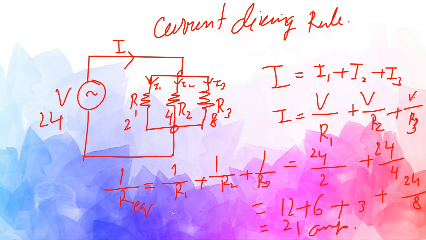The total current will be V by R eq, right? That is the I total, and it will be the same as this. You can do the calculation on your own. So that's what I wanted to tell, the current dividing rule and the voltage dividing rule. Thank you.